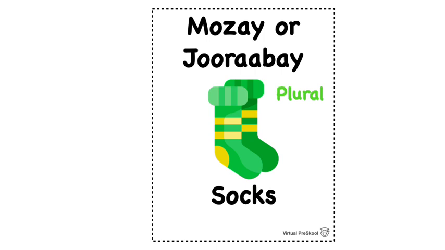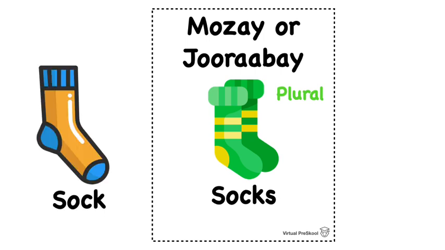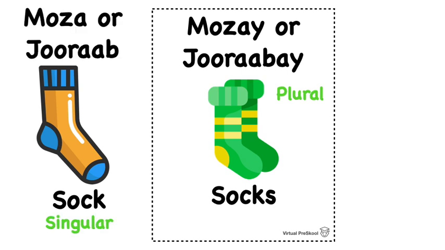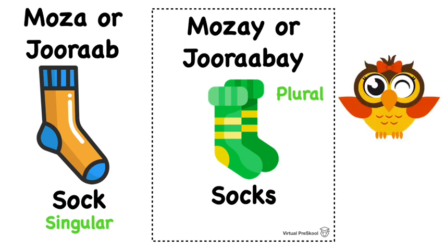One sock, which is singular, is moza or jurab. And now, this should be an obvious ullu, whether it's a pull or stri noun. Look at the word moza. It ends with an a sound. So then we know that it's a pull noun.